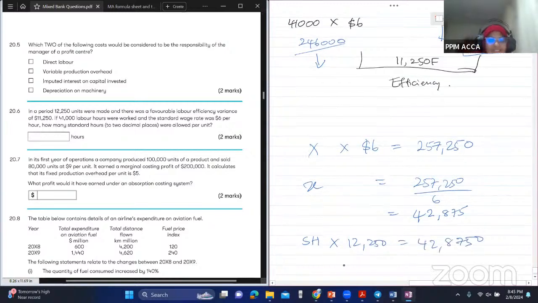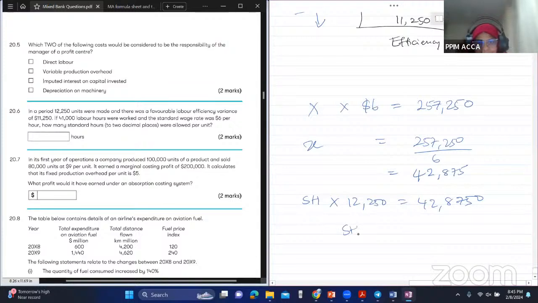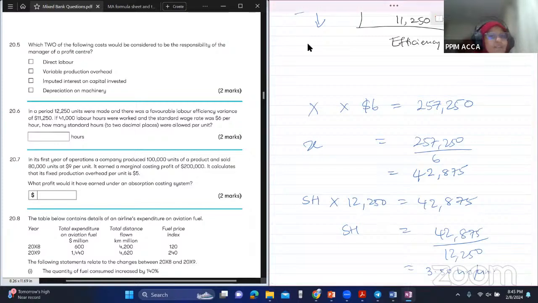So if I want the standard hours, that will be 42,875, divided by 12,250, which will be 3.5 hours per unit. So it will be 3.5. Do you understand that?